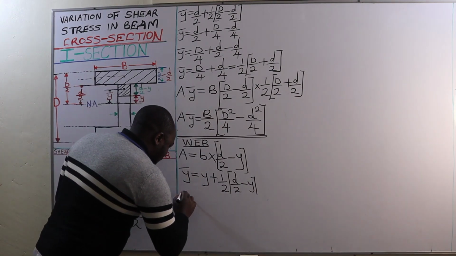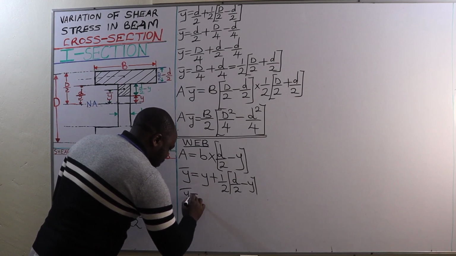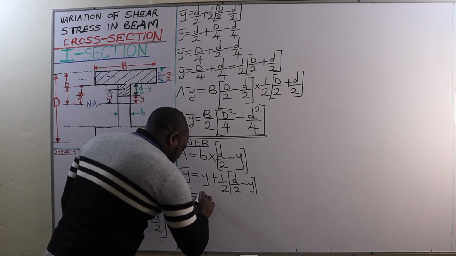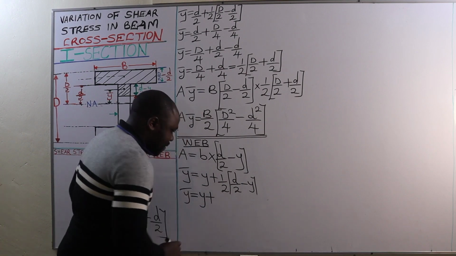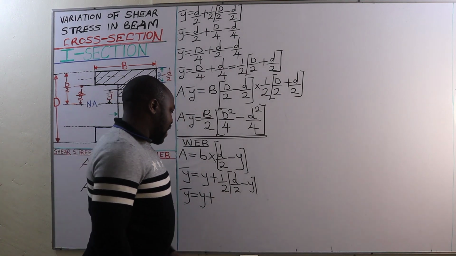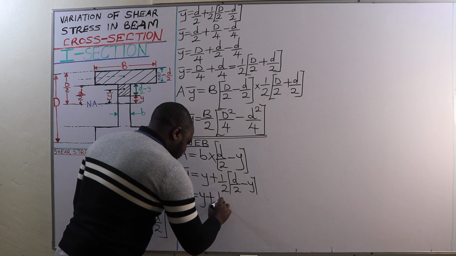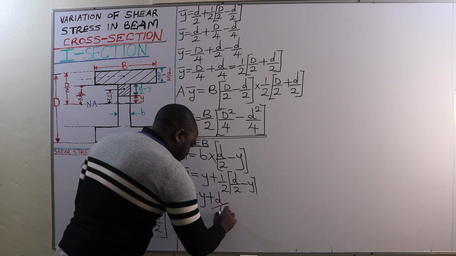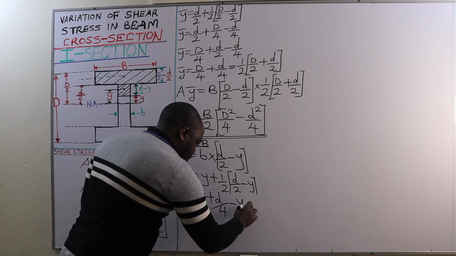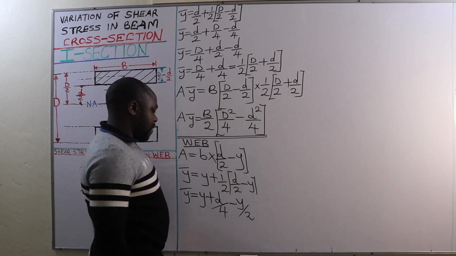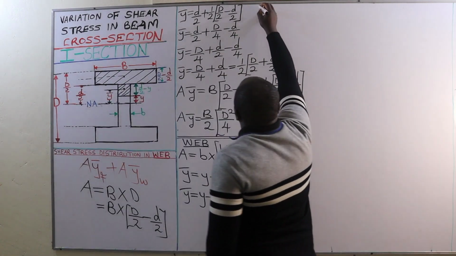Therefore, bar y will be equal to y plus, opening the brackets at this point, d over 4 minus y over 2. Good.